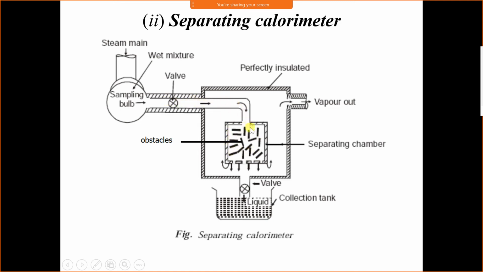When wet steam enters and touches the obstacle, the water particles settle down in the collection tank, and the vapor moves in the upward direction and leaves from the vapor outlet.